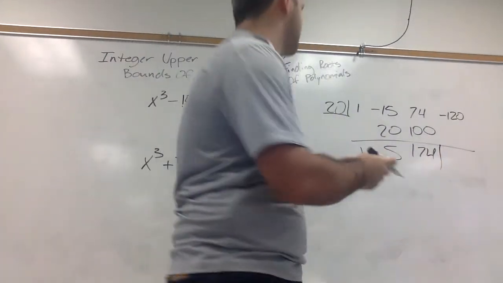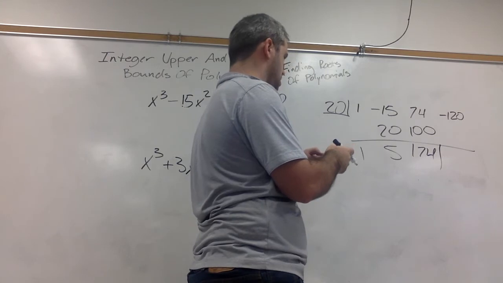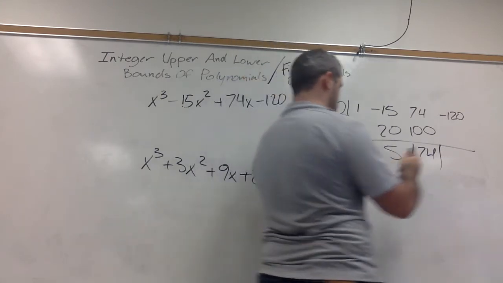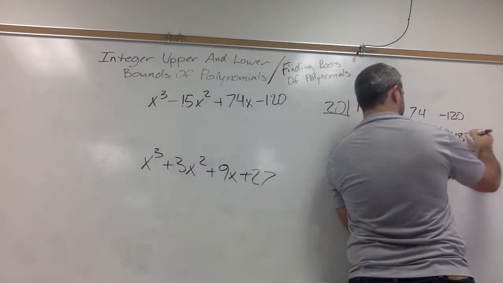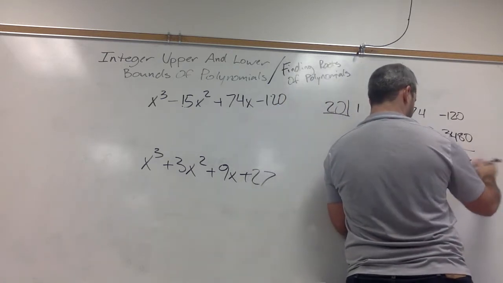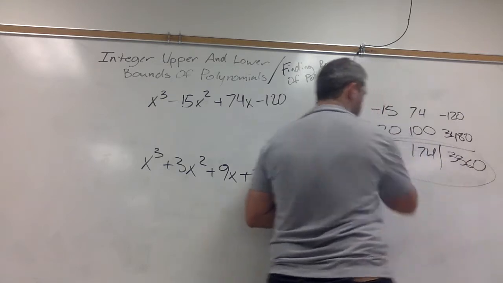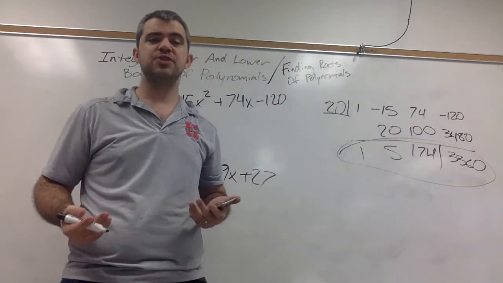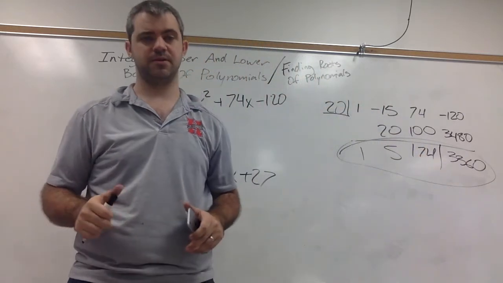Now I am going to need my calculator, but I'm pretty sure we're going to be fine here. 3,480 minus 120 is, and if you look, these are all positives, so this is an upper bound.